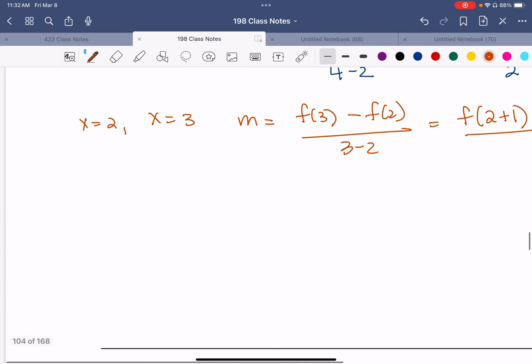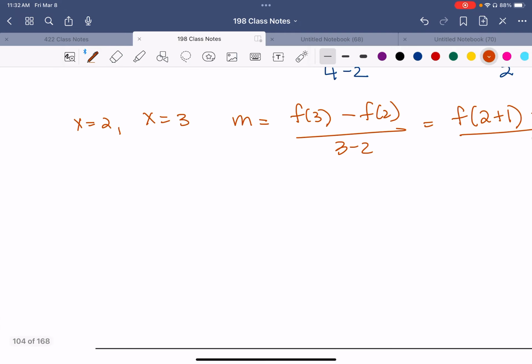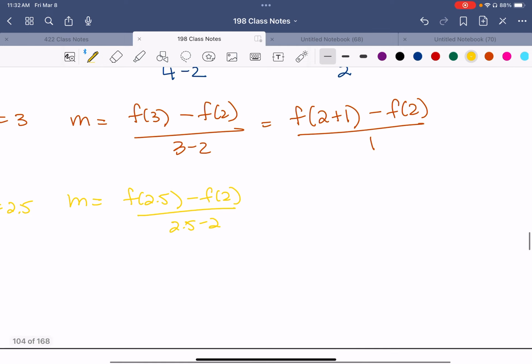And the last one we had was 2 and 2.5. So the slope equals f of 2.5 minus f of 2 all over 2.5 minus 2. In this format, I write that as f of 2 plus 0.5, because that gets me to 2.5, minus f of 2 all over 0.5.